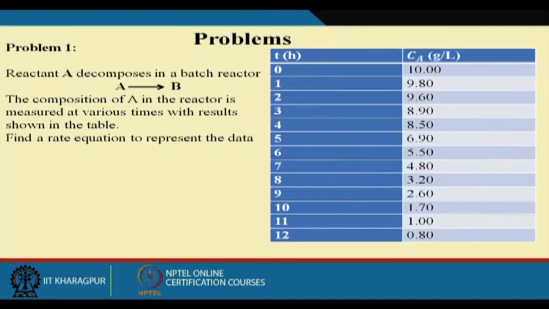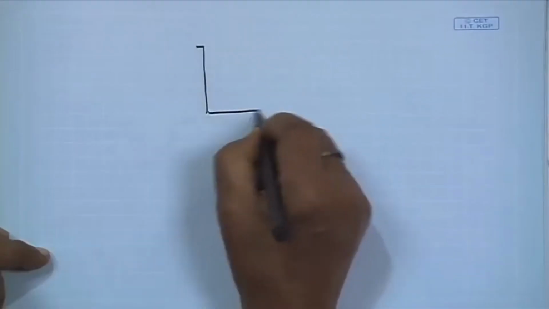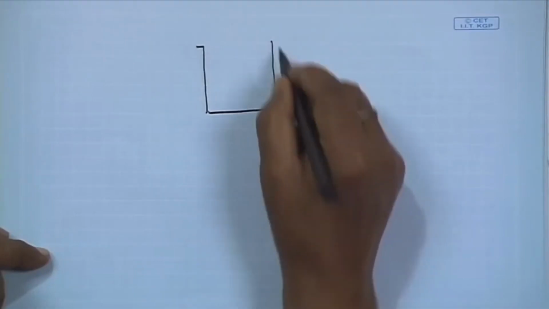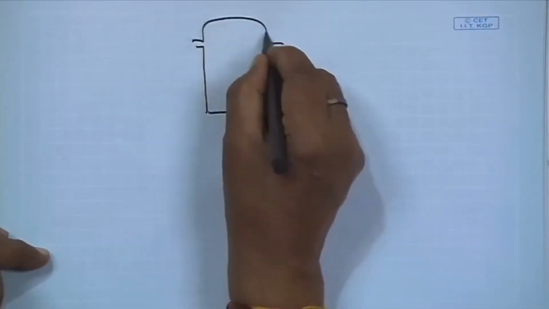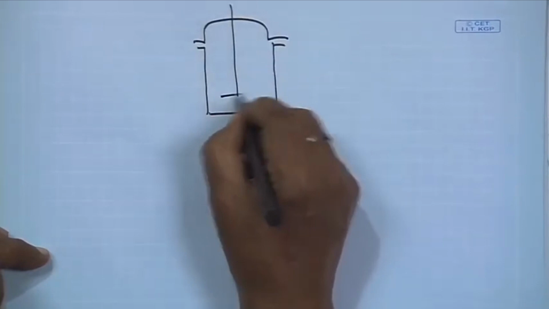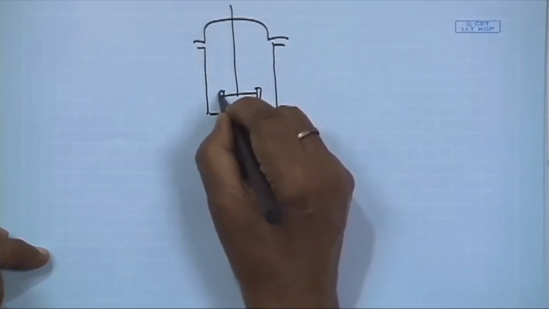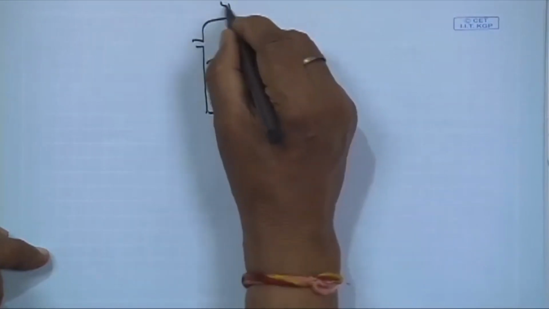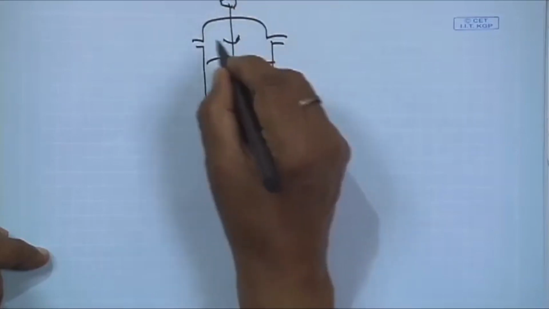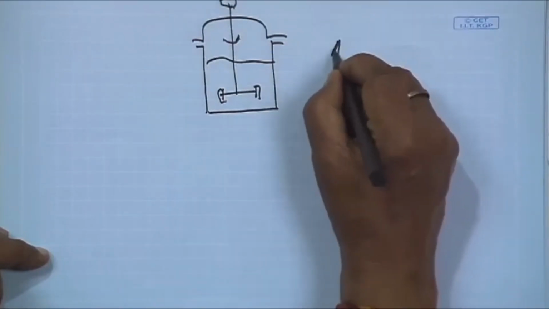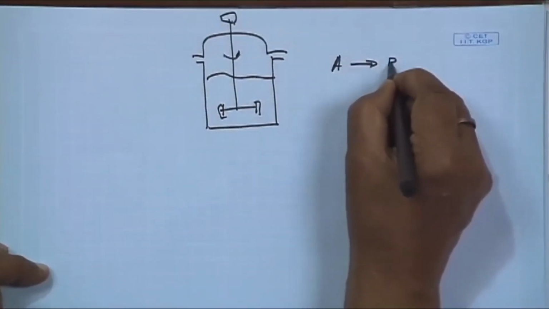What basically I told is, suppose this is a reactor. We have a reactor, and what is the reaction we have? A to B, am I right?